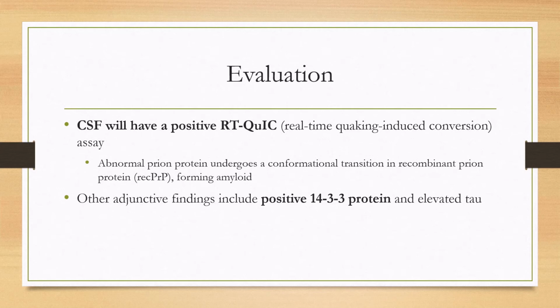There are also other adjunctive findings that include a positive 14-3-3 protein and elevated tau. The adjunctive findings can become important in diagnosis when there is a negative RT-QuIC, as RT-QuIC is not 100% sensitive or specific.